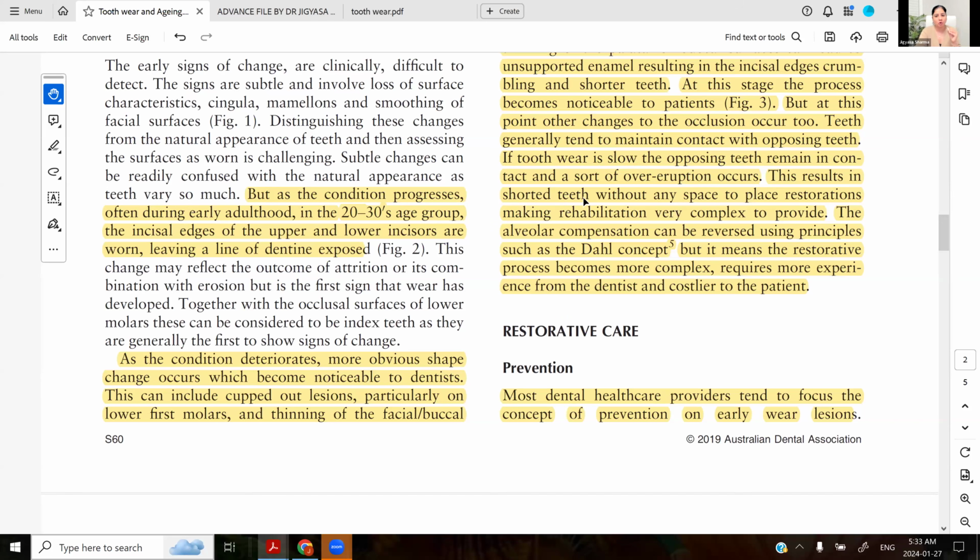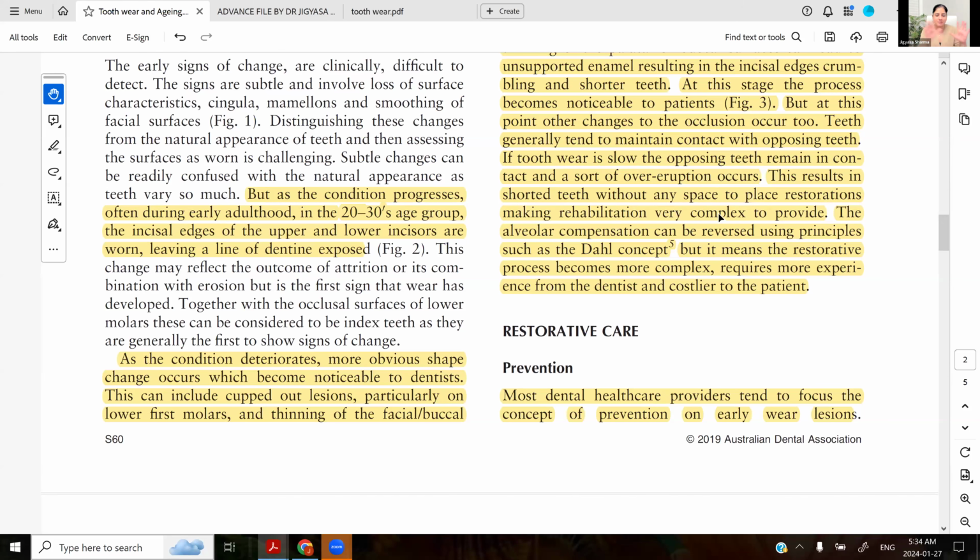This results in shortened teeth without any space to place restorations, making the rehabilitation very complex to provide. The alveolar compensation can be reversed by using Dahl's concept, which is again the intrusion of the molars and gaining your space. But it means the restorative process becomes more complex, requires more experience from the dentist, and will be costlier to the patient, exactly as we discussed moments ago.